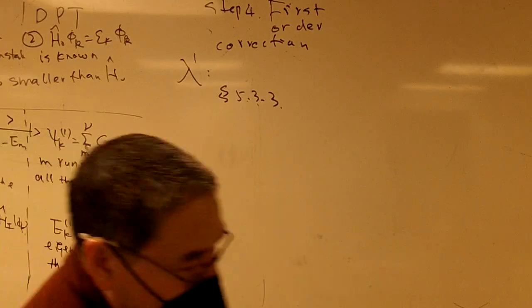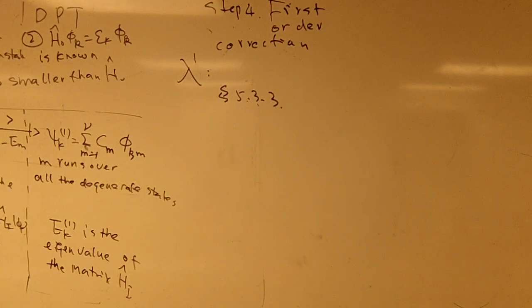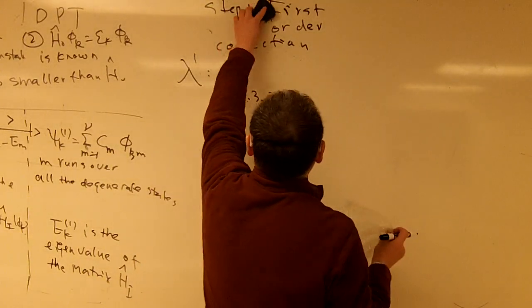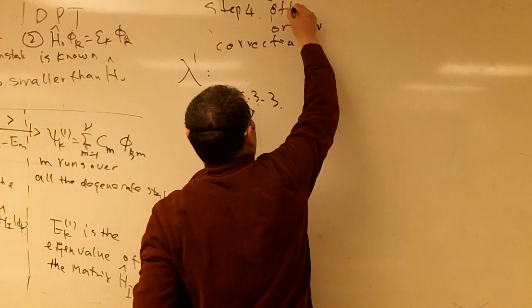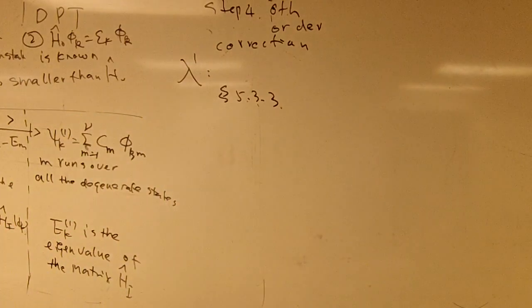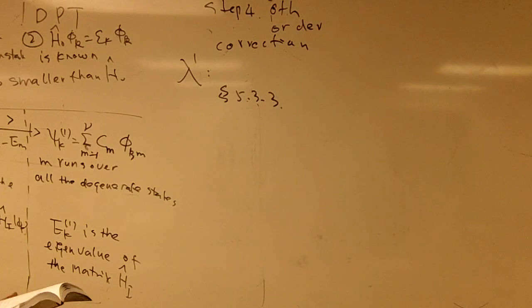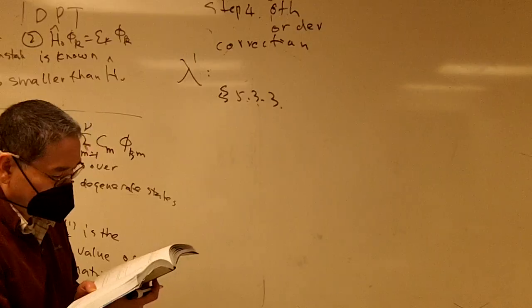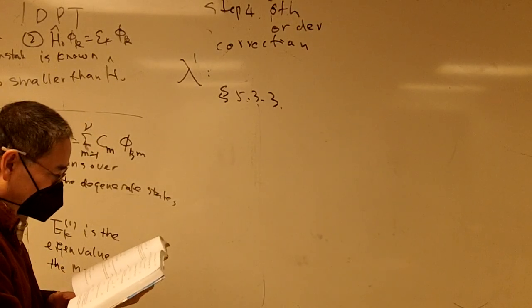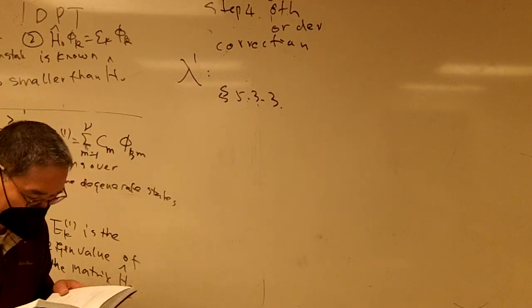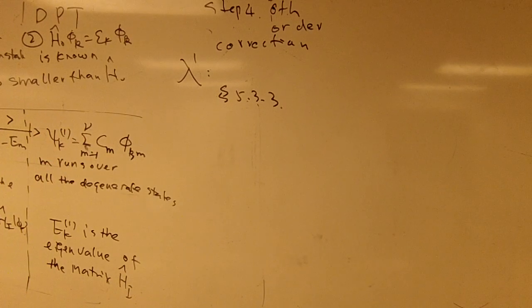We multiply by the bra phi sub k from the left and integrate to obtain the sum of c sub j to the zeroth order, bra phi sub k H hat sub 0 ket phi sub j, equals E sub k to the zeroth order, sum from j equals 1 to eta of c sub j to the zeroth order, bra phi sub k ket phi sub j.